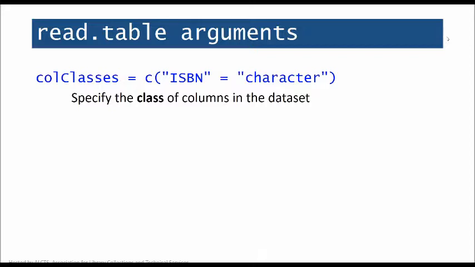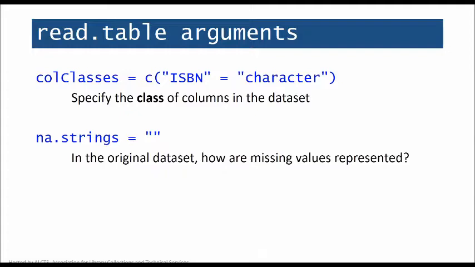ISBNs are numbers, but you're not really going to be doing any kind of mathematical operations on them. They're really numeric identifiers. So if R reads in your ISBN as numeric, it's going to drop that first zero. Some 10-digit ISBNs have a first zero, and that means that the data is not going to be clean or valid. So I use colClasses to go in and specify that my ISBNs are always character. That way it will read them in more true to what they actually are.